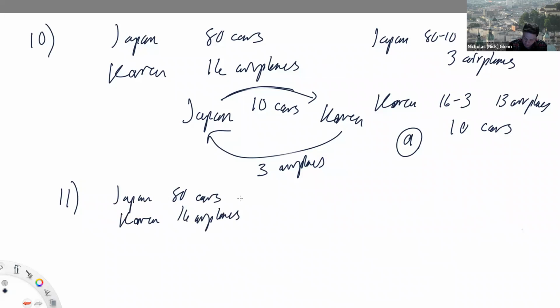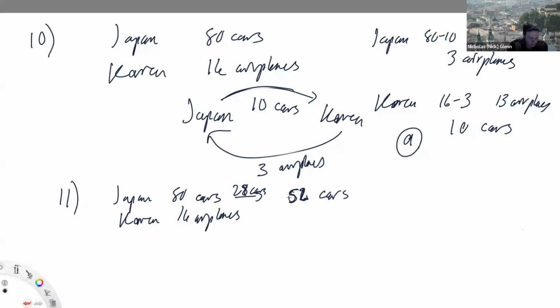All right, so Japan's going to trade away 24 cars, and so they're going to end up having 56. Wait a minute. Oh, I'm sorry, 27 cars. No, 28. This is 28 cars. So that's 52.